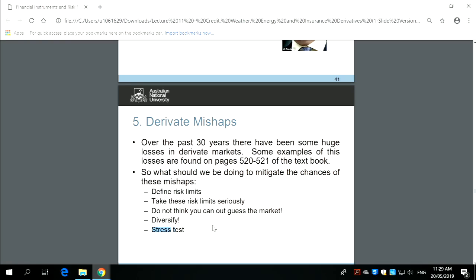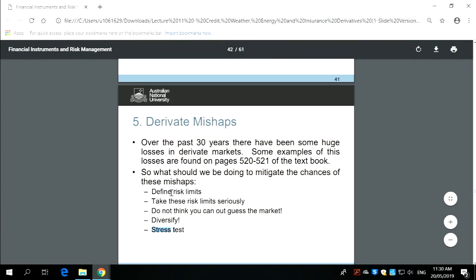For example, if a portfolio of stocks has a one day 5% value at risk of $1 million, the way you interpret that is there is a 5% probability the portfolio would fall in value by more than $1 million over the course of a day. So people run stress tests, then they would define their risk limit properly.